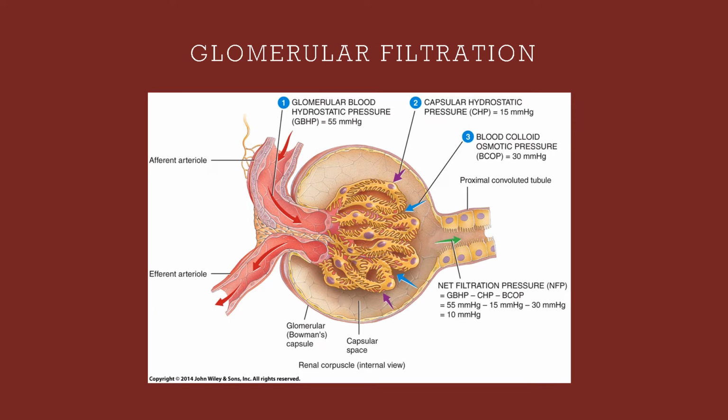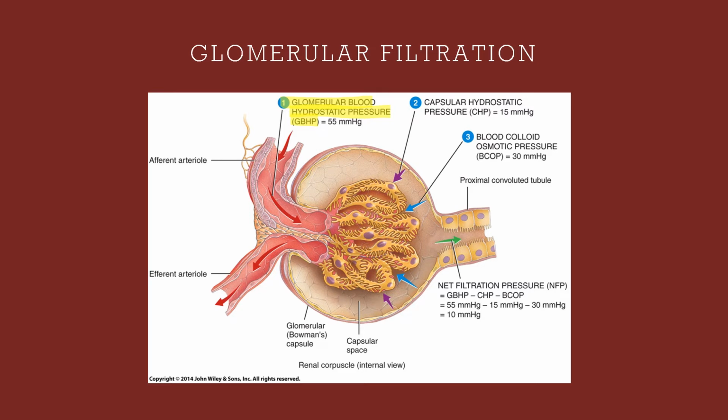So the glomerular filtration rate depends on 3 main pressures. One pressure promotes filtration and 2 pressures oppose filtration. Our first pressure is the glomerular blood hydrostatic pressure, or GBHP.